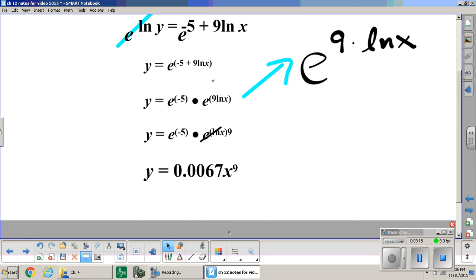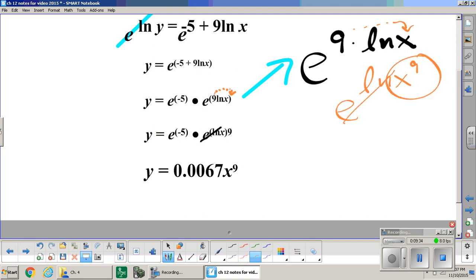Oh, sorry, I didn't explain why that 9 switched. This right here can be rewritten on the back as natural log x to the 9, and then you have e. So the e and the natural log cancel, which is why you're left with x to the 9th as your power function part. Okay?